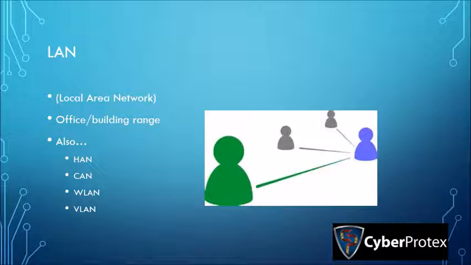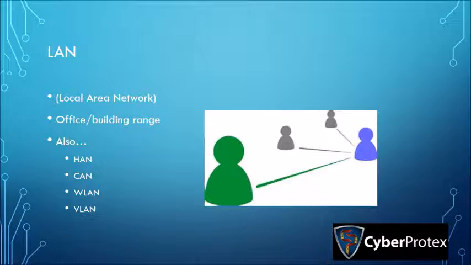CAN has a great many names. Campus area network, controller area network. But essentially, it's a collection of LANs where all the different pieces of equipment and connections are made under the supervision of a single university, thus campus, or branch of government. They may set up a CAN.